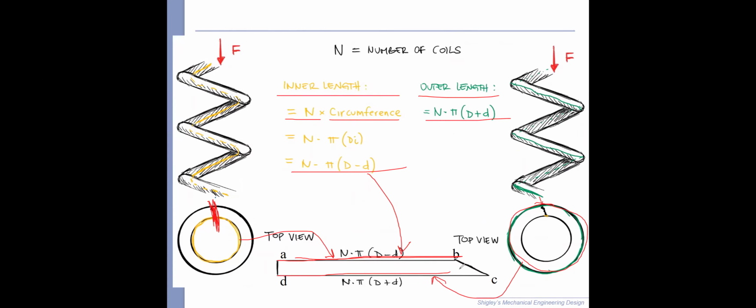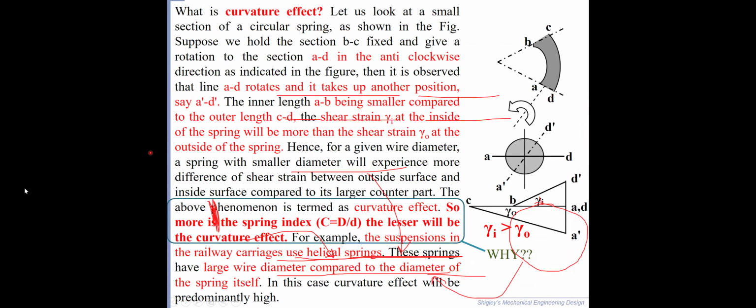That's the reason why the curvature effect occurs. There is some text to explain what this curvature effect is. Basically, the inner length AB is smaller compared to the outer length CD, as we already explained in previous slides.